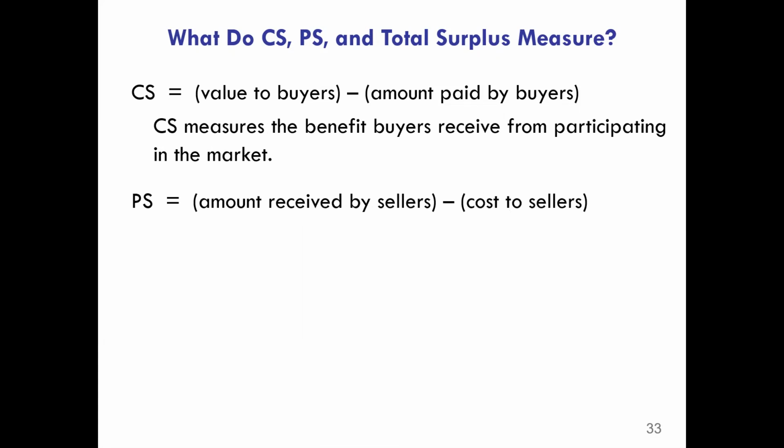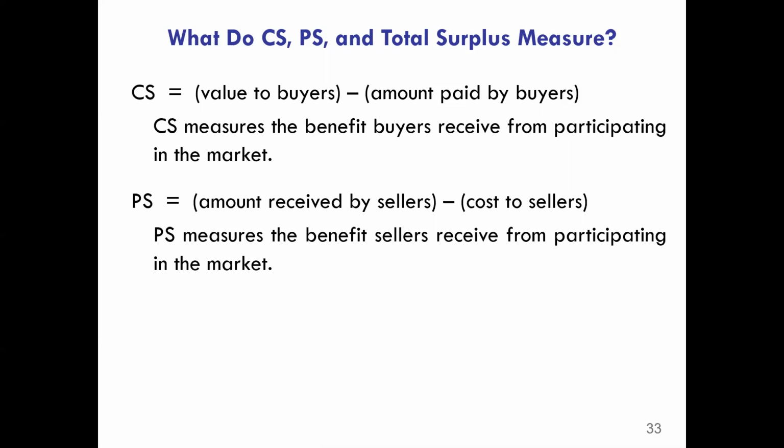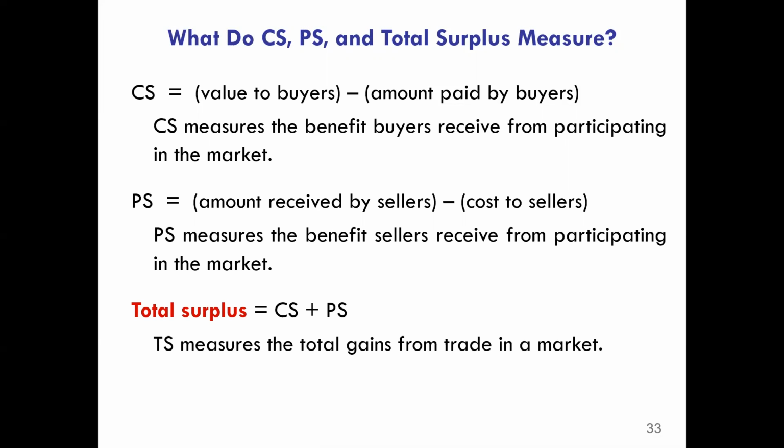We also noted that producer surplus is the amount received by sellers minus the cost they incur in producing a good or a service. And so producer surplus measures the benefit sellers receive from participating in the market. Total surplus then is the sum of consumer surplus and producer surplus, and total surplus measures the total gains from trade in a market.